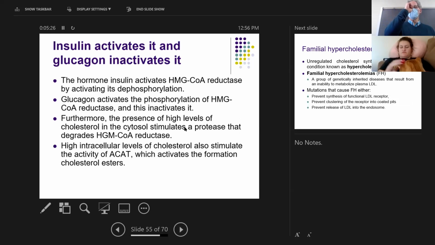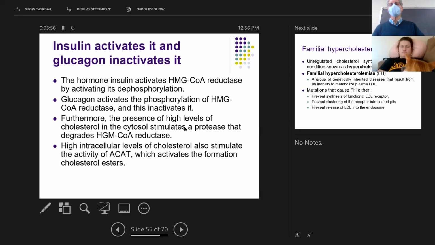And insulin activates HMG-CoA reductase by activating its dephosphorylation. Glucagon activates the phosphorylation of HMG-CoA reductase through protein kinase A. That inactivates it.